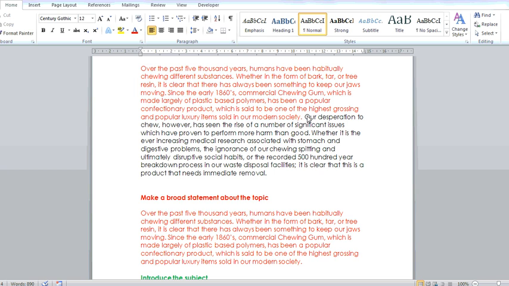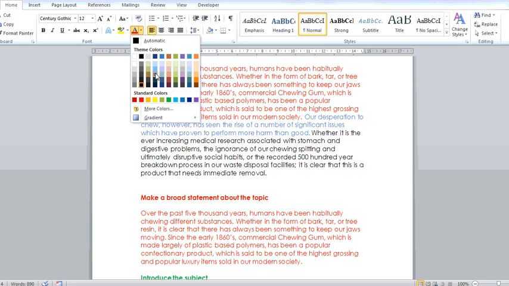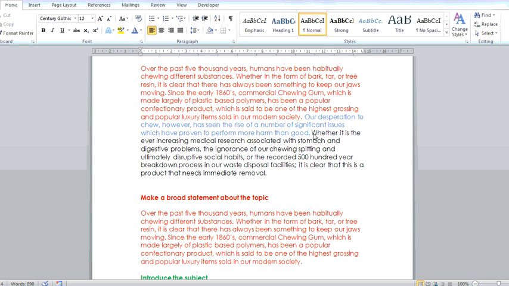When we move into the second stage of this introduction, we can see "our desperation to chew, however, has seen the rise of a number of significant issues which have proven to perform more harm than good." So in this case, I would highlight that blue because it's identifying the issue. Now look at this.